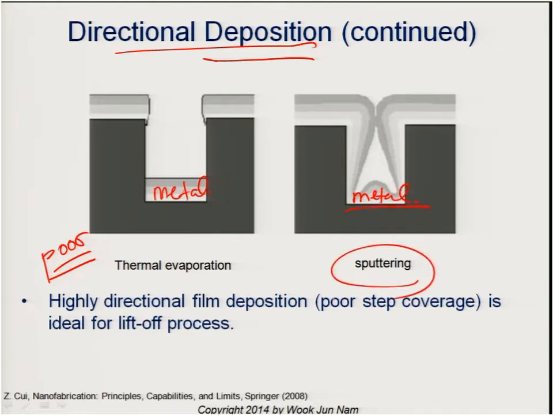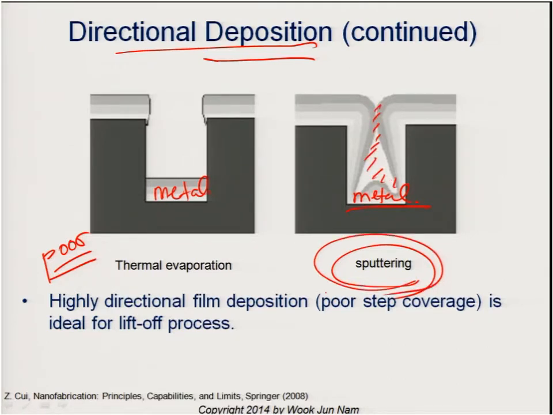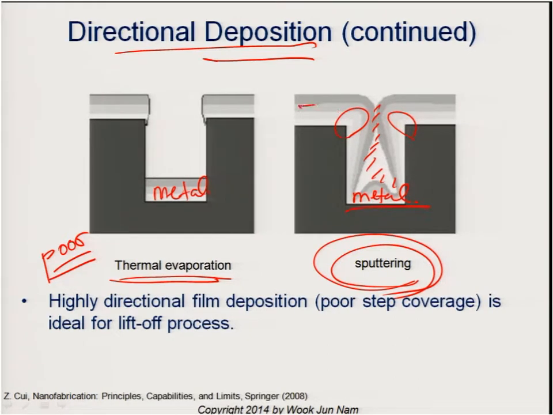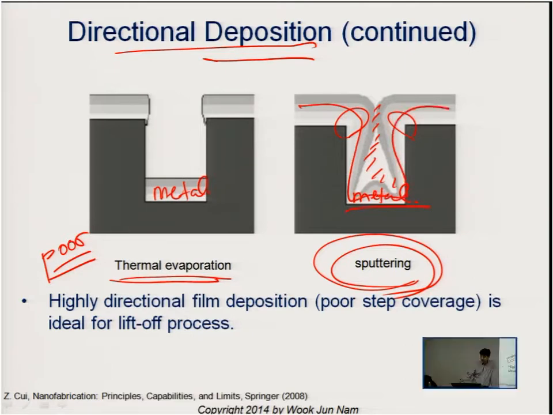even though sputtering cannot completely fill this trench, it offers much better step coverage than thermal evaporation. But this relatively good step coverage is not good for making this kind of hard mask, because everywhere is connected. So when you remove the photoresist under the metal film, the metal film is disconnected somewhere.